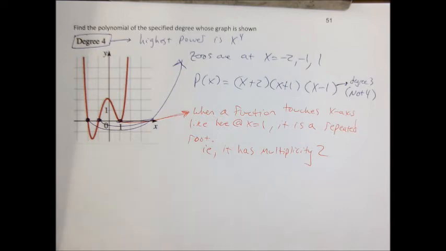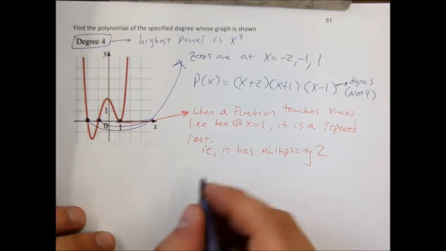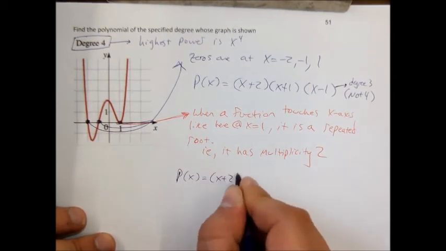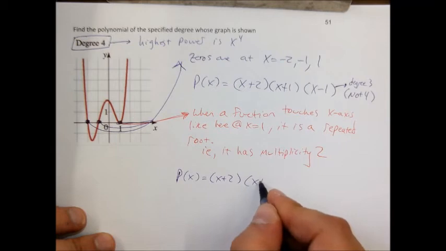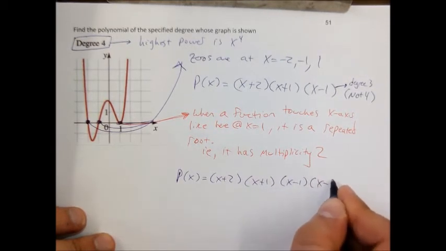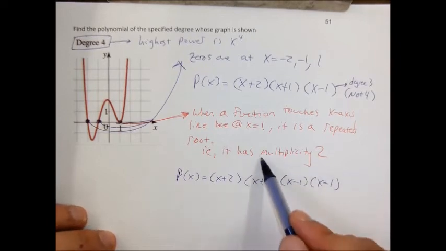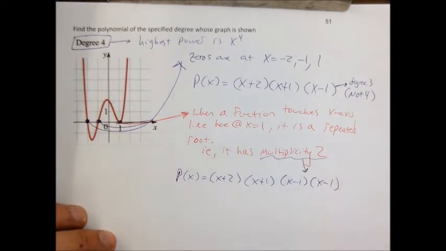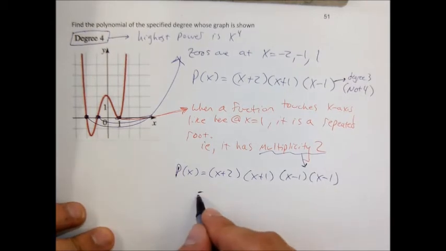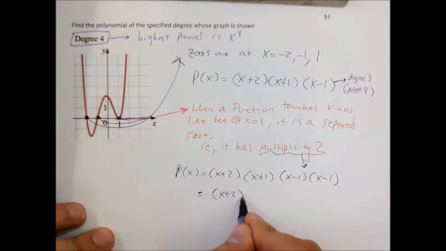And so we had a pretty good start to our polynomial, but it's not quite right. What we need to do is write the x minus 1 root twice. Multiplicity 2 means that it happens twice, and so I write it down twice. In other words, it gets a square with it.